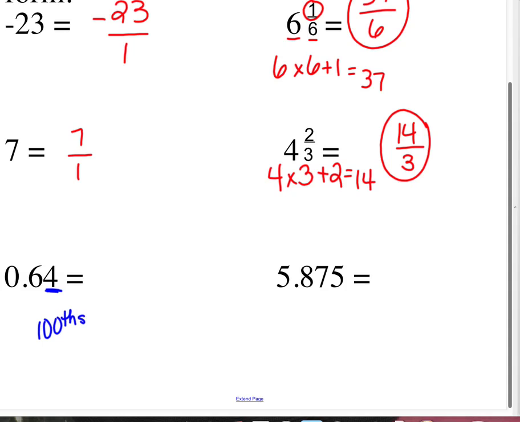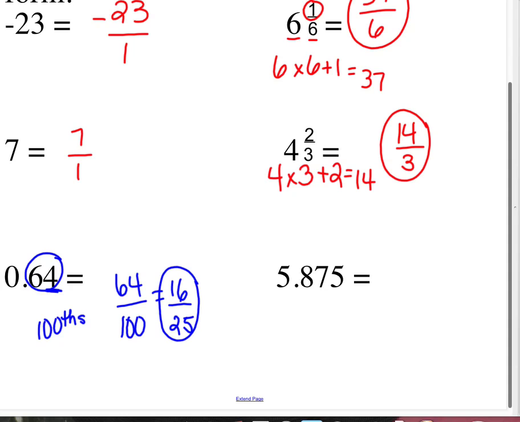That's important because that's what becomes your denominator. And what becomes your numerator? The 64. And then of course this is 8th grade math, and they're going to ask you to write these in simplest form, which would mean you have to simplify them down. And if you reduce this down, it does go down to 16 over 25.